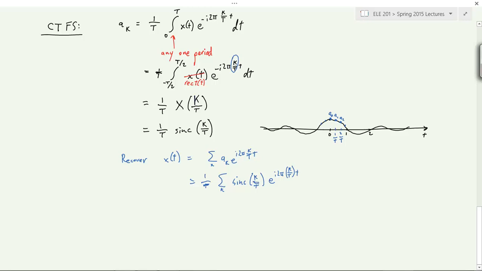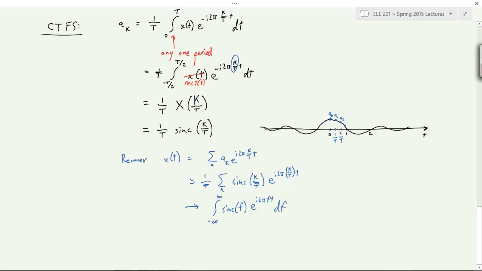Notice that this whole function in the sum is in terms of k over T, and we have a 1 over T out front, and you might recognize this as an approximation of an integral. It's a Riemann integral approximation. So that means that in the limit, this should go to the integral of sinc of f e to the i 2 pi f t df.